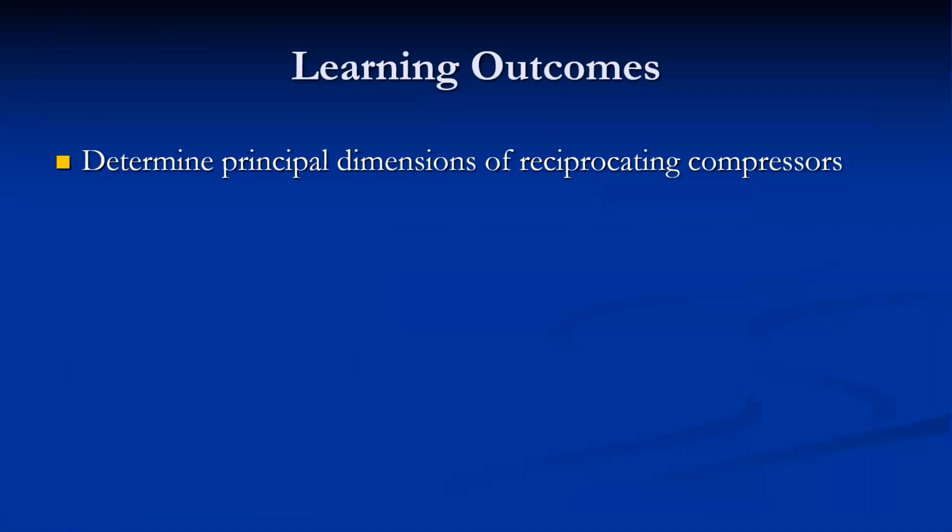At the end of this particular lecture, you should be able to determine the principal dimensions of reciprocating compressors. This numerical can be asked for 6 to 8 marks. It is again based on the reciprocating compressor, and everybody is aware of the simple vapor compression cycle. As a prerequisite for solving this problem, you must know the expression for polytropic compression process work.